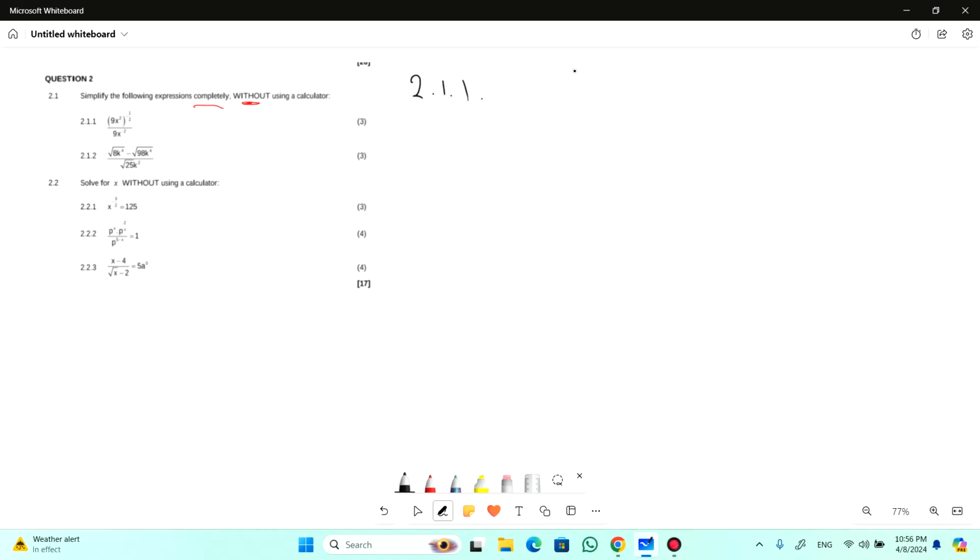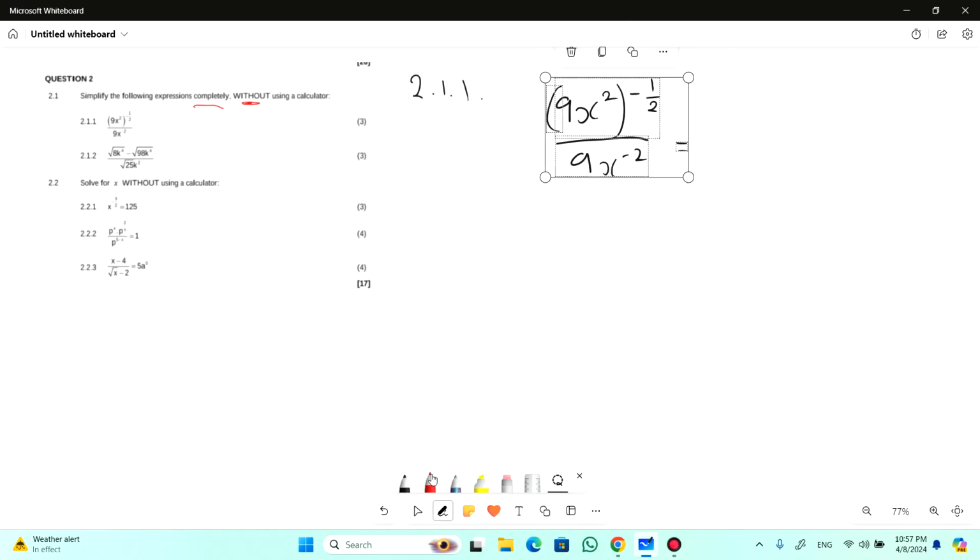2.1.1, so we have (9x squared) raised to the power negative a half, all divided by 9x to the power negative 2. The first thing is you need to apply the properties. So let's start with the top part, the numerator.